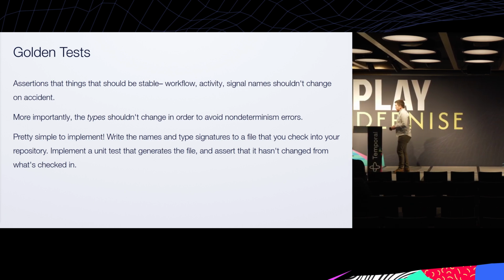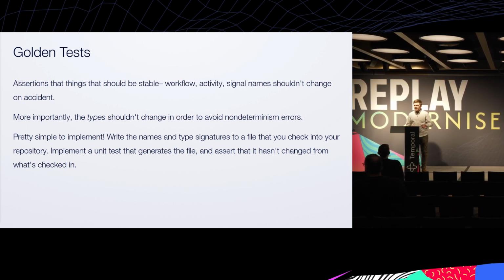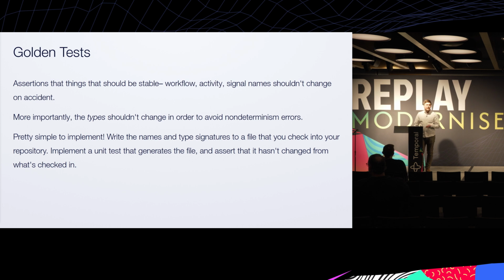Another trick that we have developed is something we call golden tests in the Haskell ecosystem. If you've ever used, I think Jest for React testing, where it serializes some HTML and saves it into a file, this is a very similar concept. The point of golden tests is that we produce a plain text file of all of our workflow names, the types that they take in, the types that they emit.